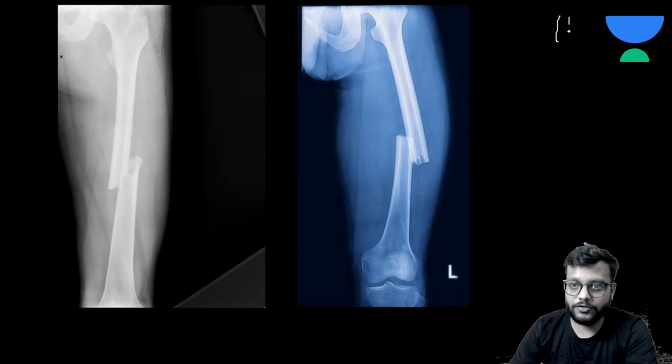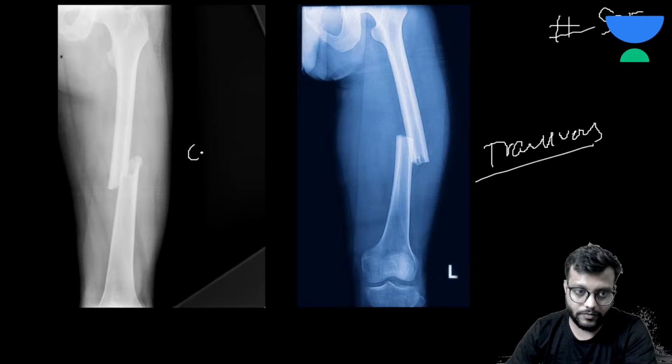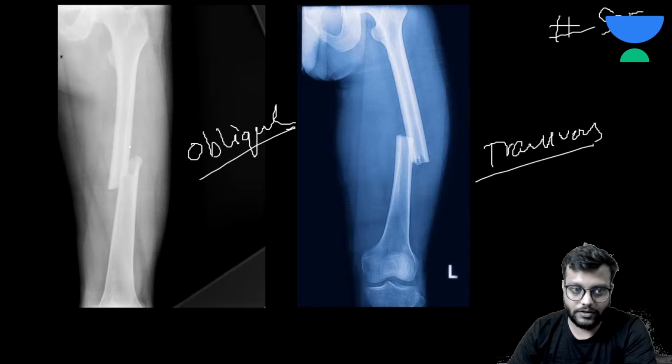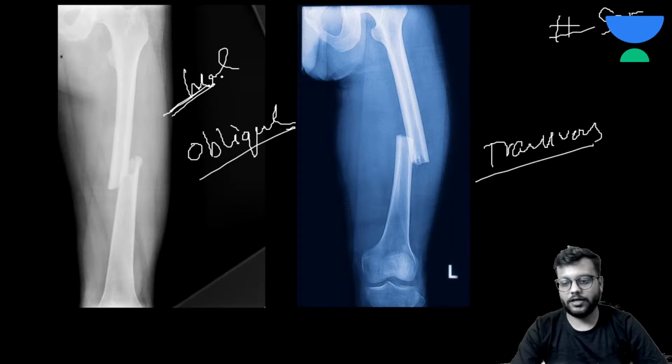Both are fracture of shaft of femur. This is a transverse fracture. Transverse fracture line exactly, and this is more of an oblique fracture. Okay, and which fractures are easy to heal? These are easy to heal because more surface area is available.